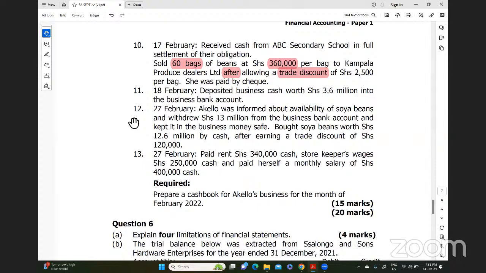27th of Feb, Akelo was informed about availability of soya beans and withdrew shillings 13 million from the business bank account and kept it in the business money safe. Bought soya beans worth 12.6 by cash after earning a trade discount of 120,000. Okay. So there are two transactions in one. First of all is for the withdrawal of money from the bank into cash, not so?